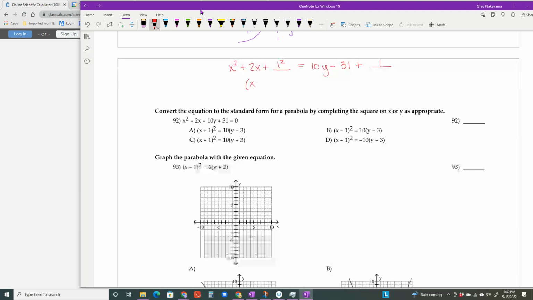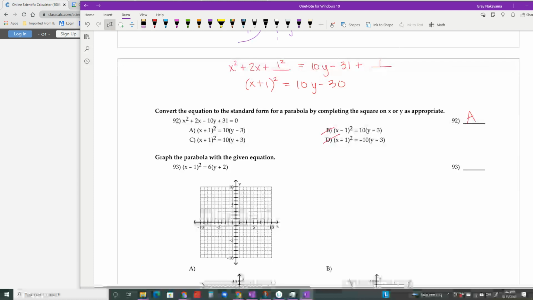And this becomes x plus 1 squared equals 10y minus 30. So in looking at my answers, D doesn't have x. Well, neither one of those have x plus 1. And so the difference, you can tell that they factored out the 10, but it's minus 30. So that means that A is our correct answer.